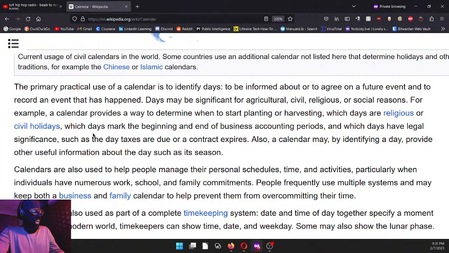Also, when it comes to business accounting periods, pretty much right here. And then, furthermore, there's more things. Also, a calendar may, by identifying a day, provide other useful information about the day, such as its season.